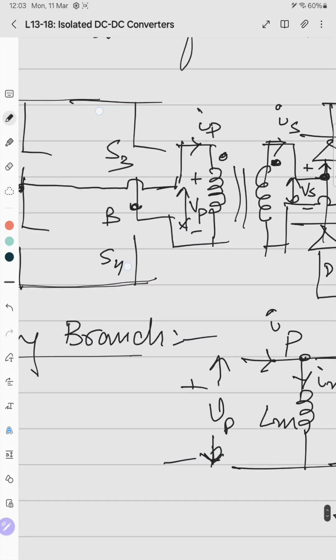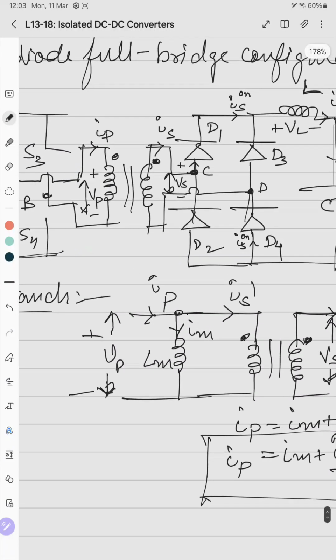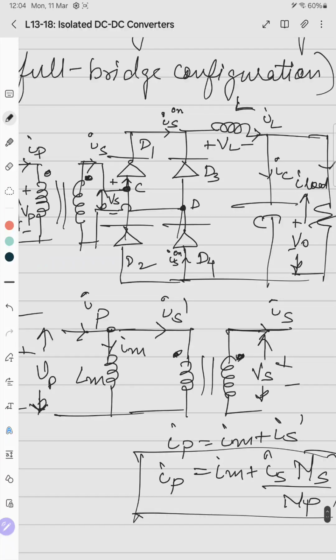When it is the negative case, that is when S2, S3 is on, VP becomes minus Vin. So the magnetizing current starts to fall. So VS is the negative induced voltage. In that case, D2, D3 is turned on. So this will be IL. In that case, IS will reverse its direction and it will flow like this.